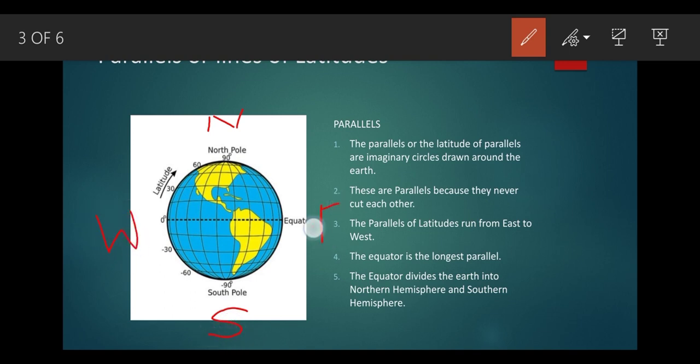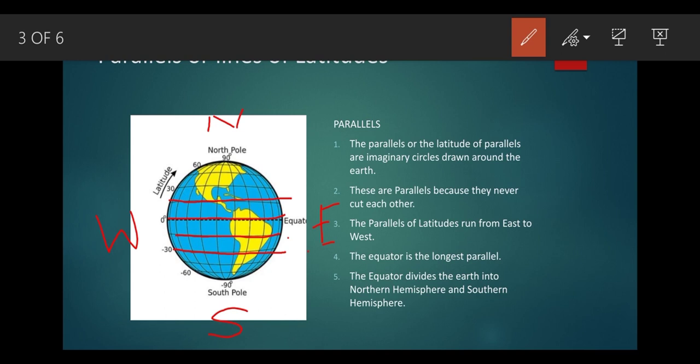Okay, so the parallels, they run from east to west. Therefore, these lines are the lines of parallels, and you can call them the lines of latitudes. All right, so these which I have highlighted with red color are the lines of parallels. Okay, they always run from east to west.